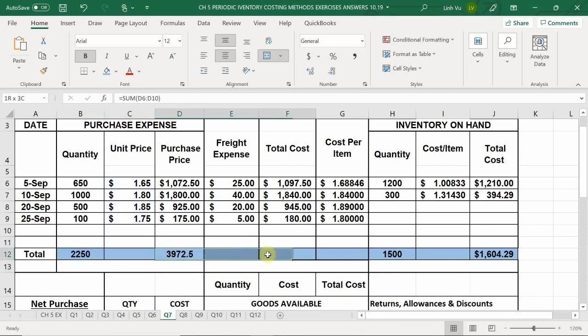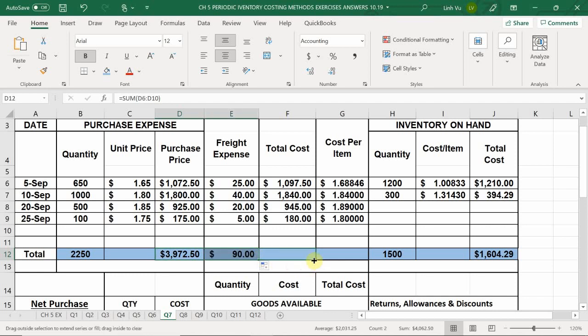Good. What was my total amount of freight? $90.